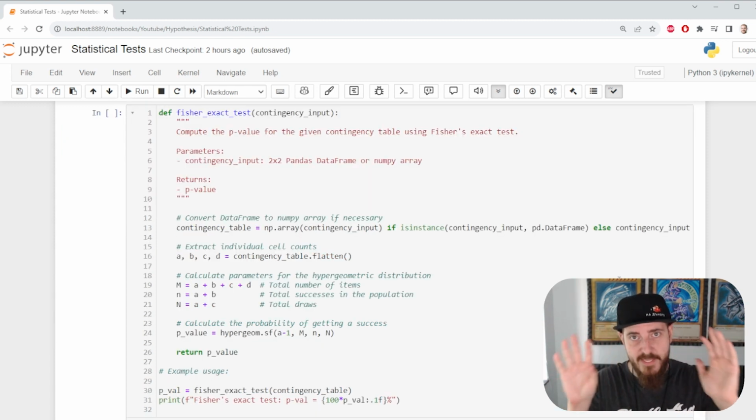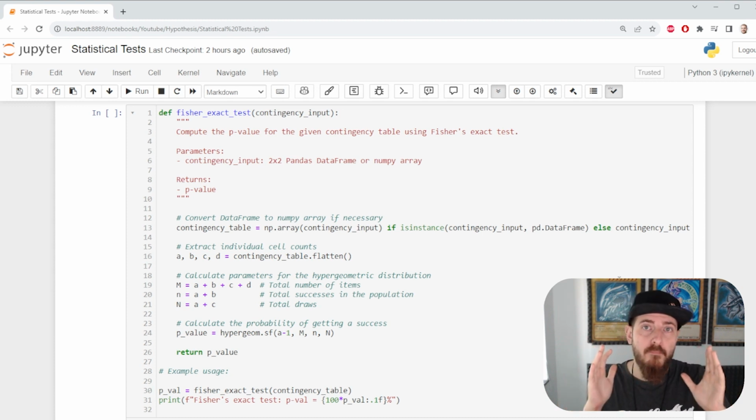A lot is happening under the hood, but all you really need to know is it uses a hypergeometric distribution to arrive at the conclusion whether the difference between the two variants is significant enough. The output is a p-value, and we're looking for that p-value to be under 5% or 0.05.